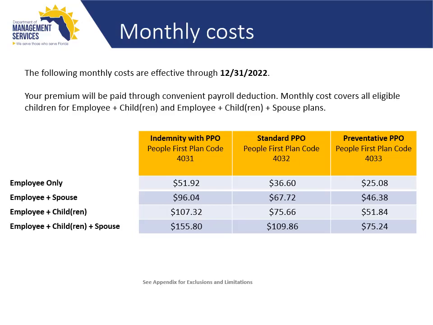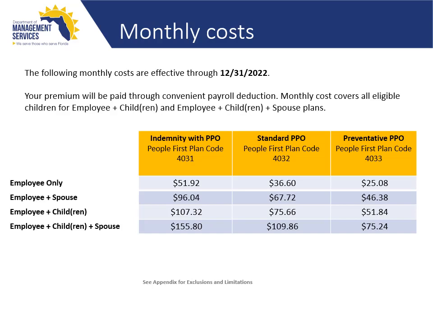This slide reflects the monthly cost effective January 1st, 2022 through December 31st, 2022. Your premium will be paid through payroll deduction. Indemnity with PPO, People First Plan Code 4031, the employee-only rate is $51.92.